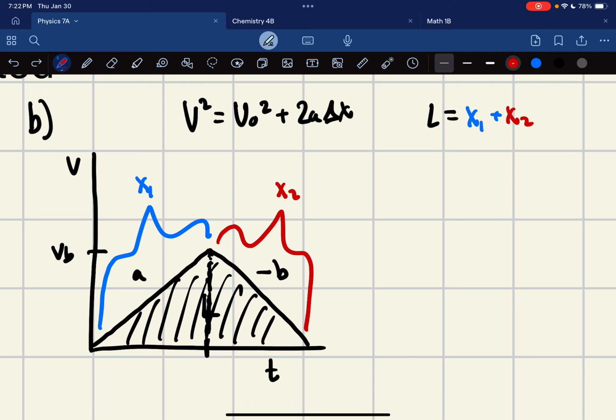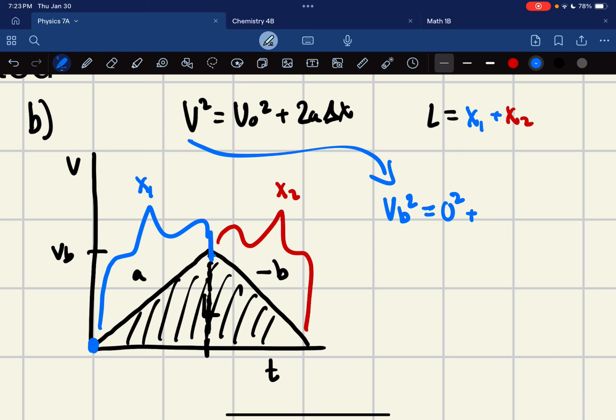So, starting with the first equation, which is a blue equation, we go from v squared, our final velocity at this point should be vb. So we're given vb squared. Our initial velocity is going to be 0 because we're starting from rest down here.